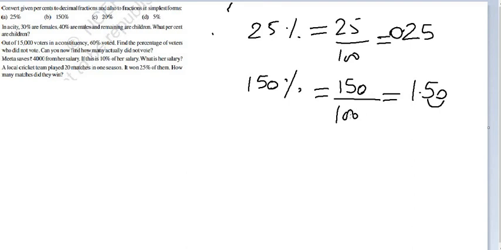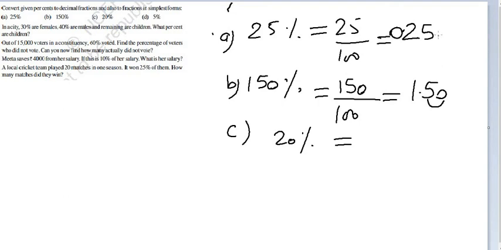Answer is 1.50. Similarly, this is A part, this is B part, this is C part. C part is 20%. We have to convert into the simplest form also.